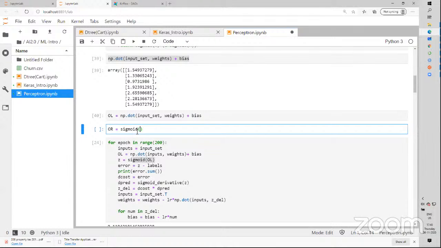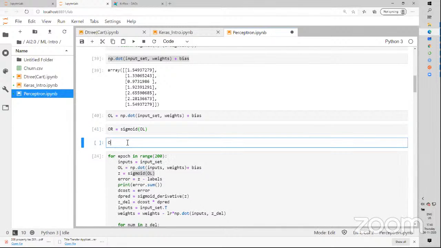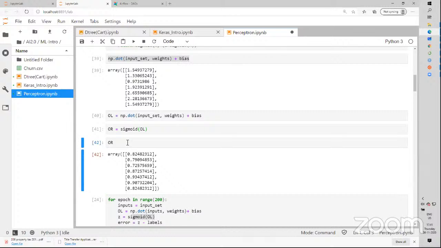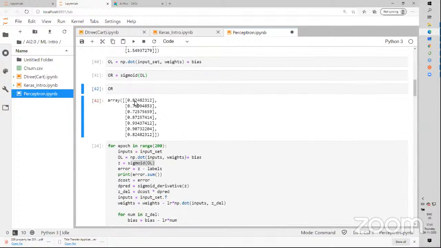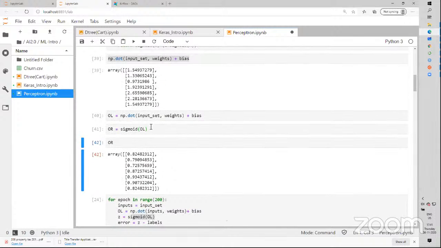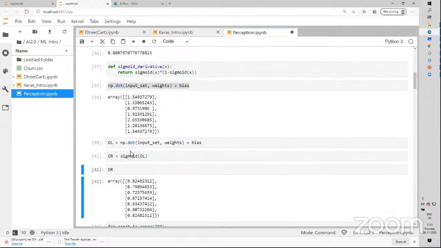We have already defined this function. So this is going to be a matrix of order 7 by 1. So we have got a matrix of order 7 by 1. So we have generated our first iteration. Okay, so we have completed our first cycle of feed forward.